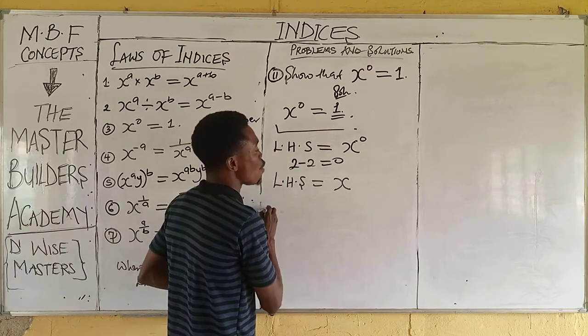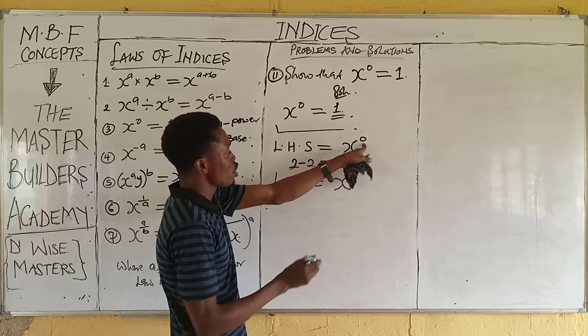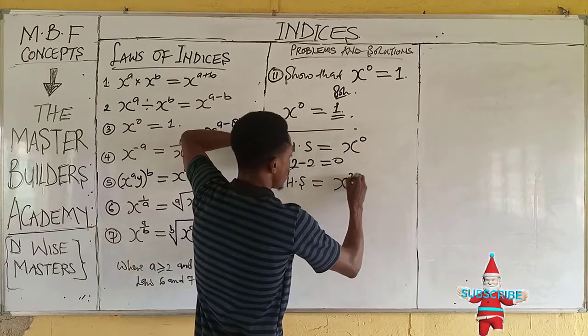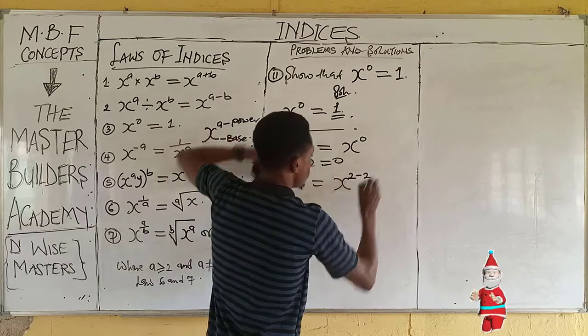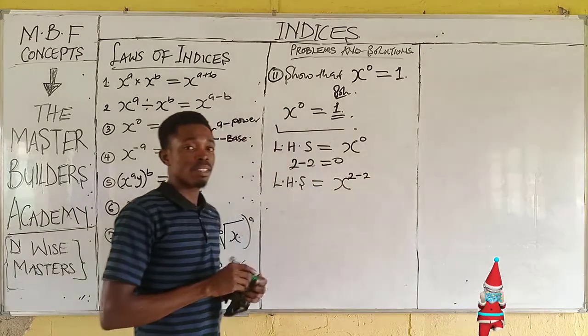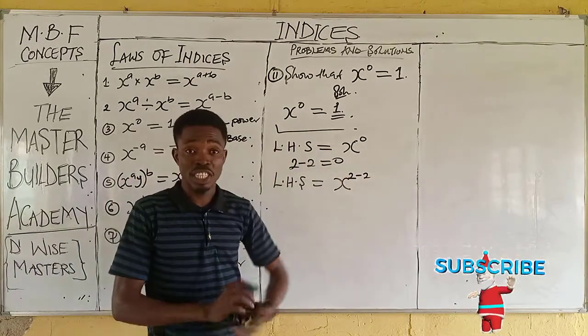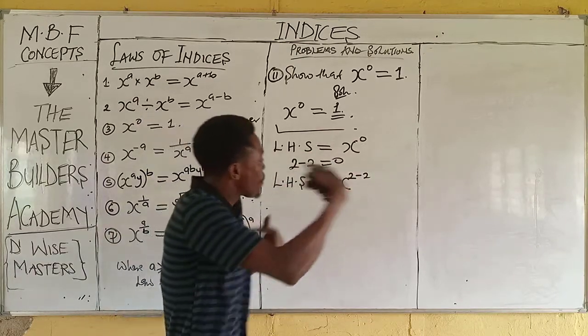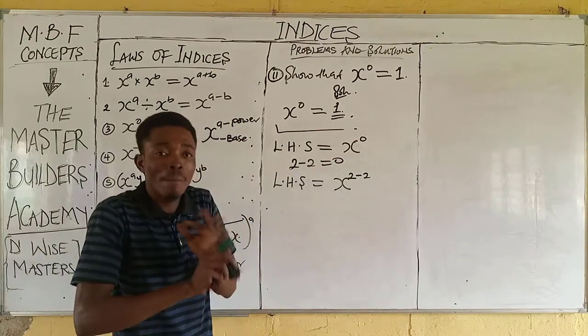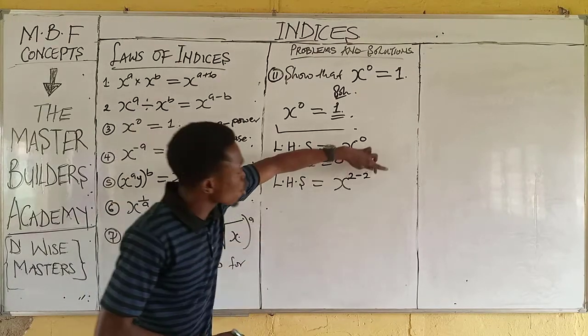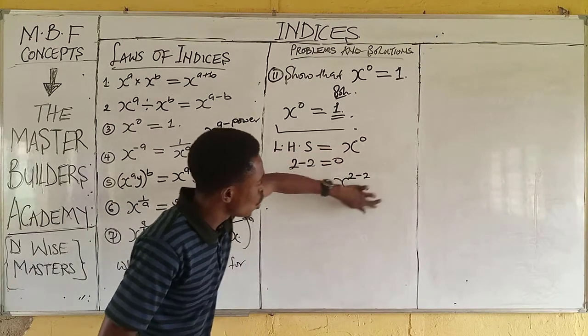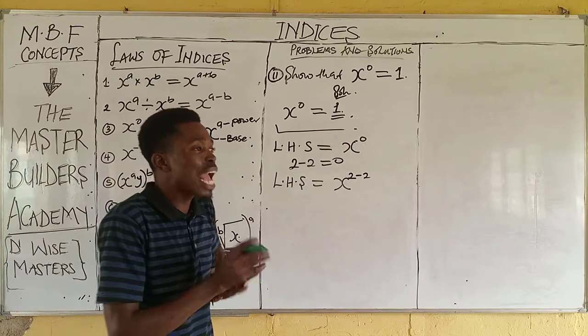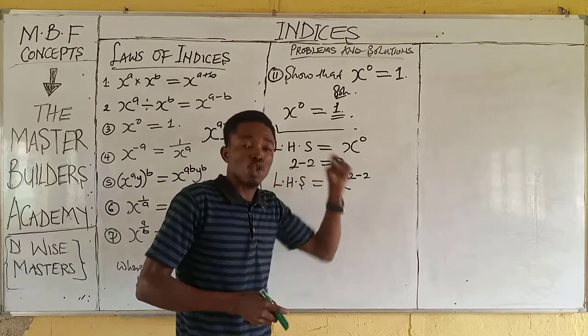Now in place of 0, we are going to replace it with 2 minus 2. Don't forget, 2 minus 2 is equal to 0. So now I will replace 0 with 2 minus 2. What next? We will now convert these indices to the other form where subtraction turns to division.